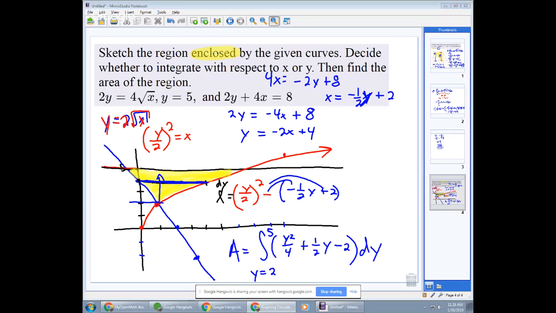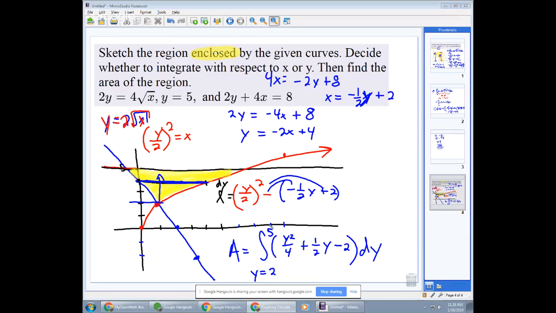So, anyone got a number yet? And the bounds, if you flip it, are the y values, right? Y goes from 2 to 5. So evaluate at 5, and then subtract evaluating at 2.